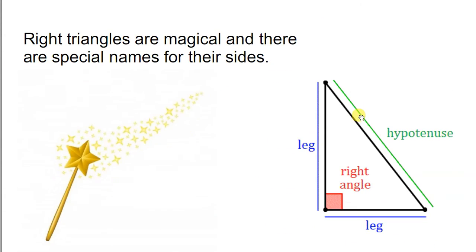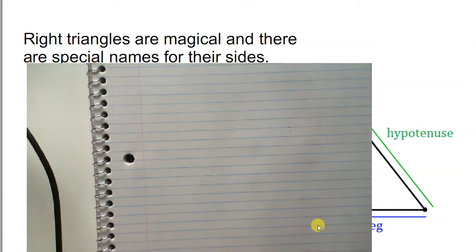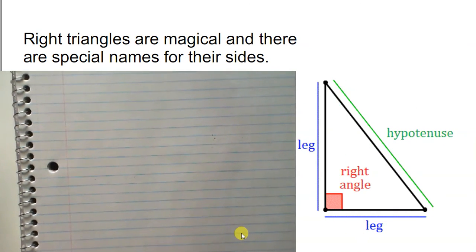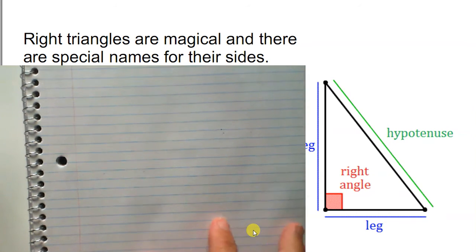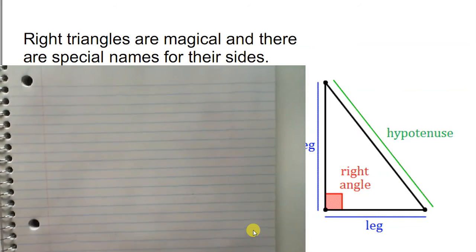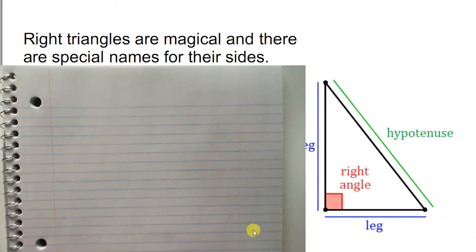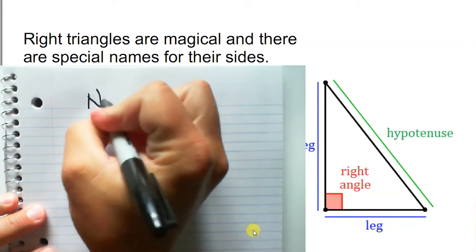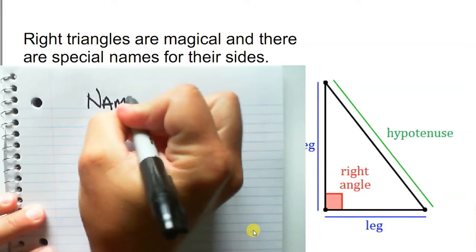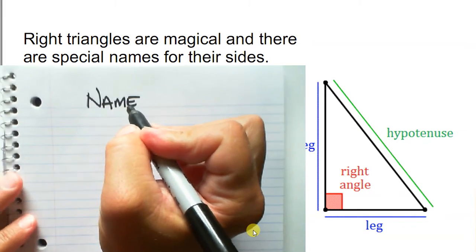So let's get started on these notes. Start by putting your name on the notes. We're going to start labeling the different parts of a right triangle. Our topic for today is the Pythagorean theorem.